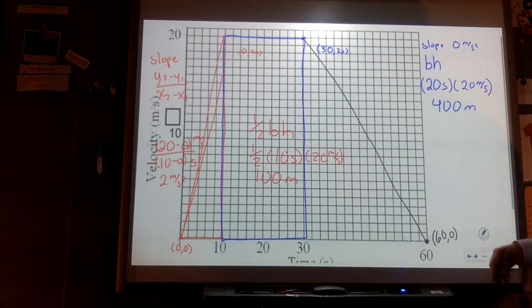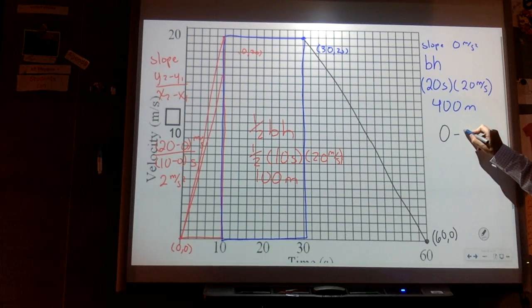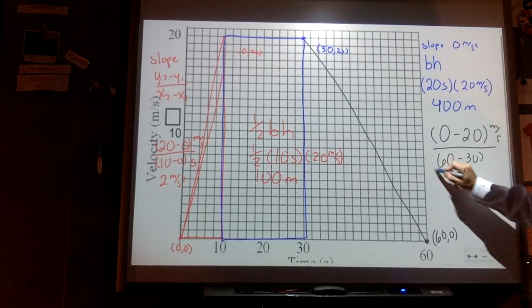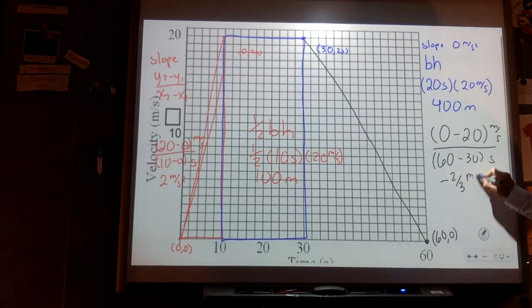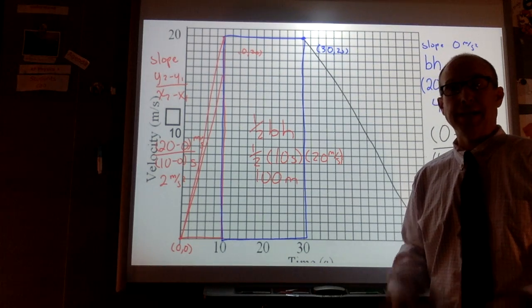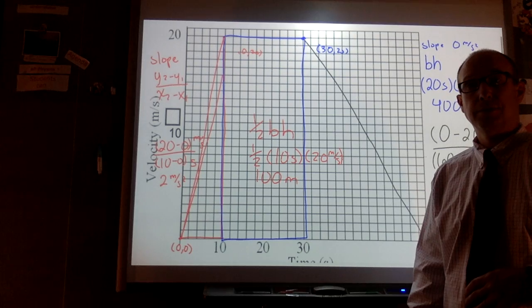And so to find my slope, I would take y2, which is 0 meters per second, minus y1, which is 20 meters per second, and then subtract 60 from 30 seconds. And so my acceleration is negative 2/3 meters per second squared. Every second my velocity decreases by 2/3.